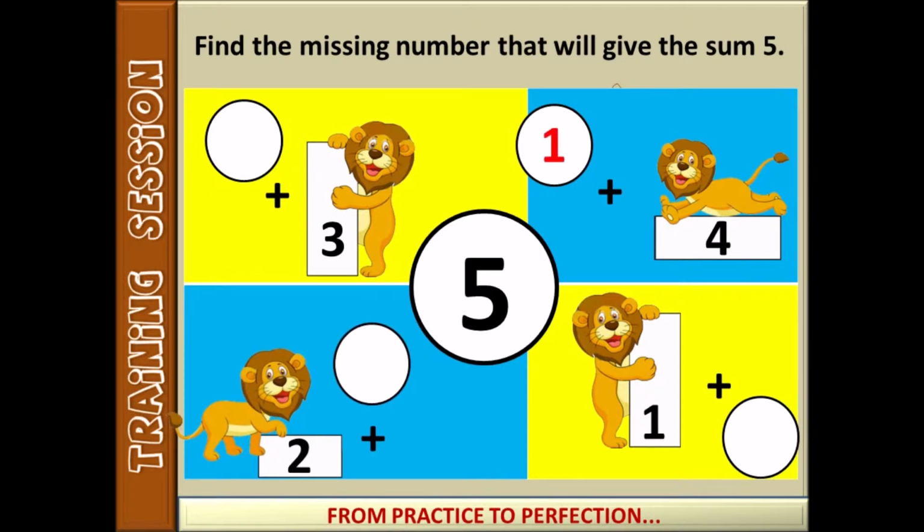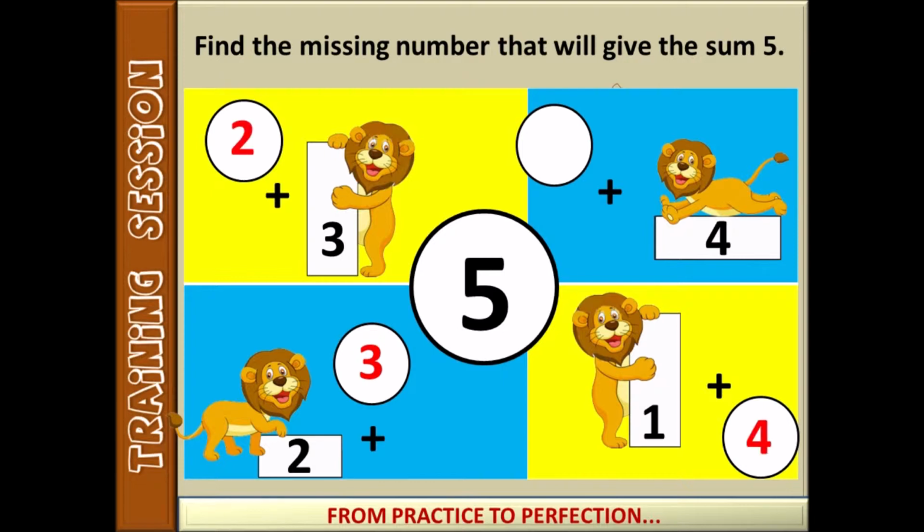And what should be added to 2 to make 5? Your answer is 3. Students, whatever you see, 2, 1, 3 and 4, they are the small friends.